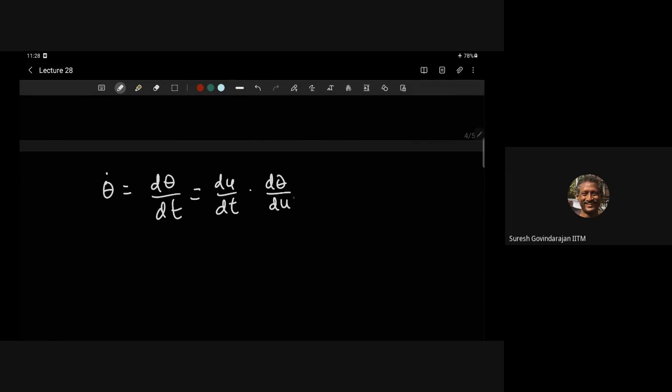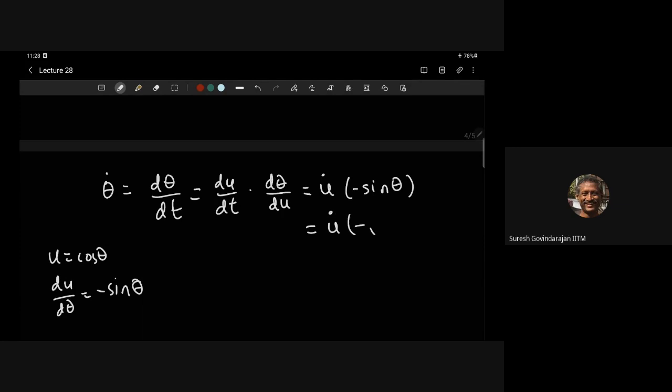So this is u dot, and du by d theta is minus sin theta. But we have to rewrite sin theta in terms of u, because we want everything to go that way, so it becomes u dot into minus square root of 1 minus u squared.